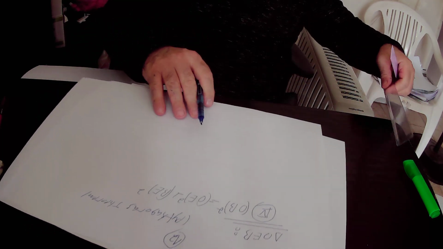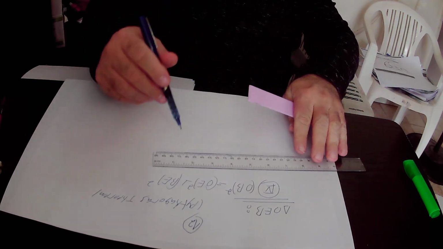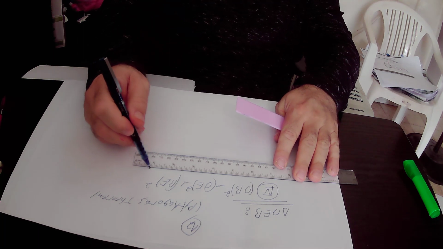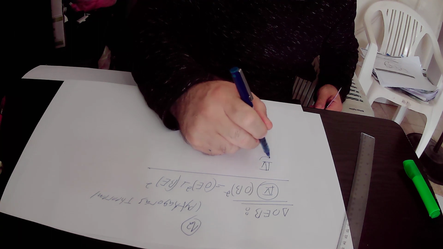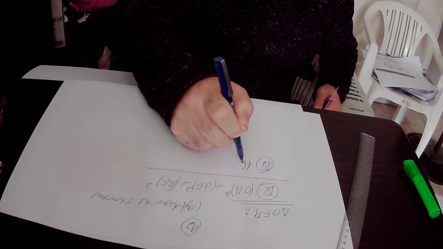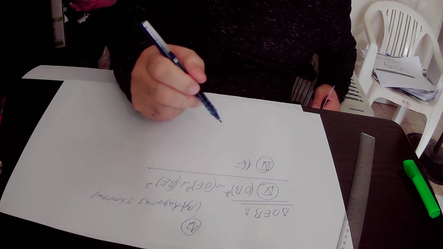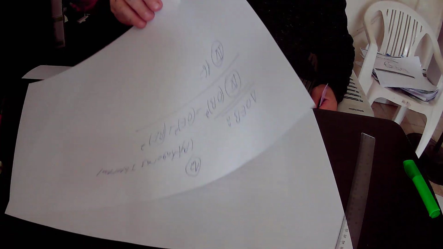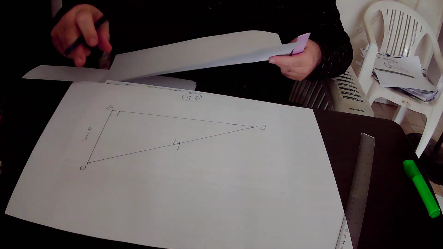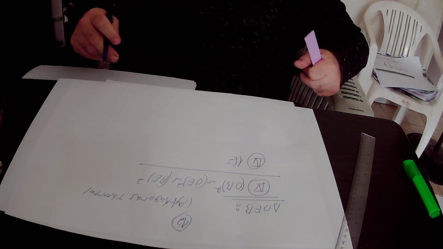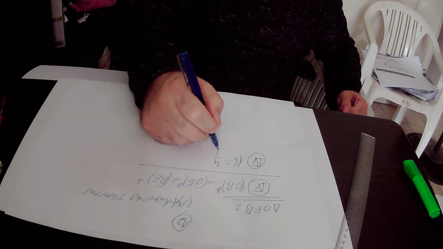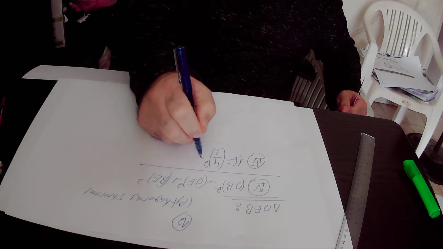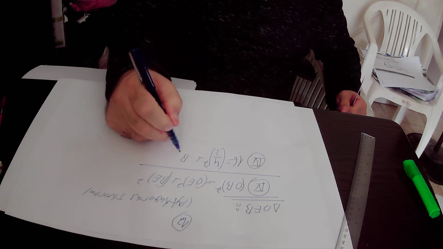If OB equals 4 units, then OB square will be equal to 4 square. 4 square is 16, and it equals OE square plus BE square. We have already found that OE equals 4 over 3, so OE square is 4 over 3 square.